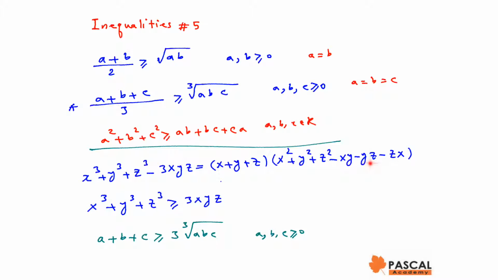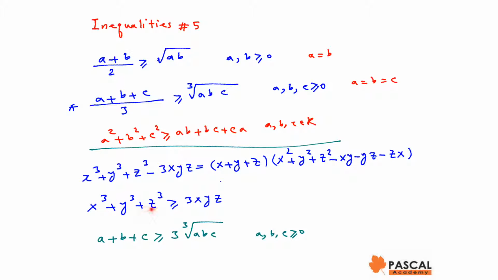This can be proved by expanding the right side of the equation. Since x, y, and z are non-negative real numbers, then x plus y plus z is greater or equal than 0. x² plus y² plus z² minus xy minus yz minus zx is also greater or equal than 0 based on the inequality proved in Lesson 4.